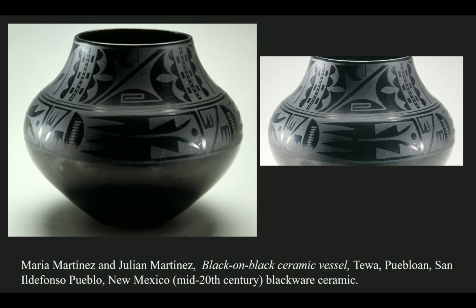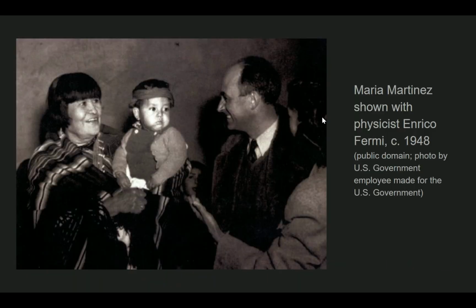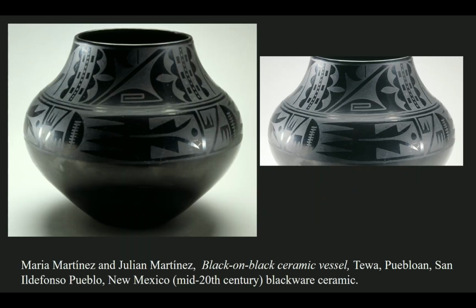Maria Martinez and her husband were part of the group that was excavating an area of Pueblo goods. And so they started to experiment with ways in which to make these vessels, and they figured out how to do so.